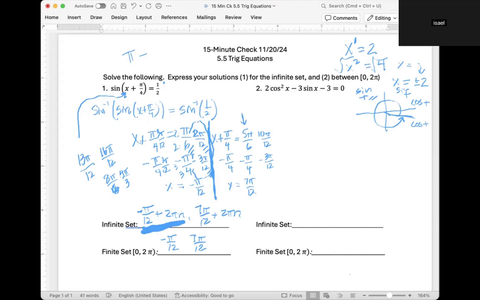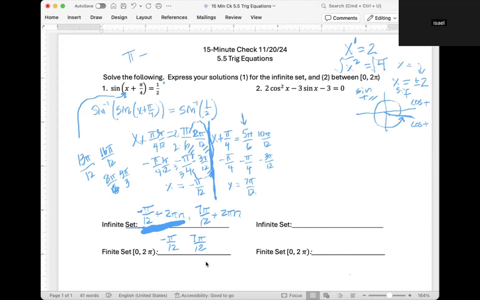Another question. Since it's asking for sets between 0 and 2 pi, wouldn't it just be 7 pi over 12? Because negative pi over 12 is outside of 0. You see how it's asking for sets between 0 and 2 pi, in the first rotation?